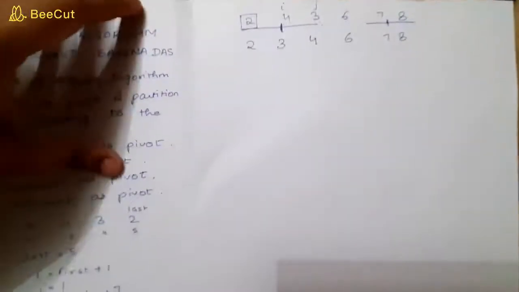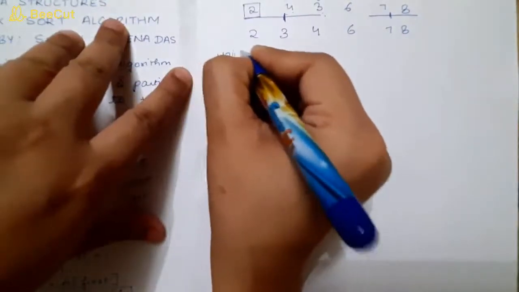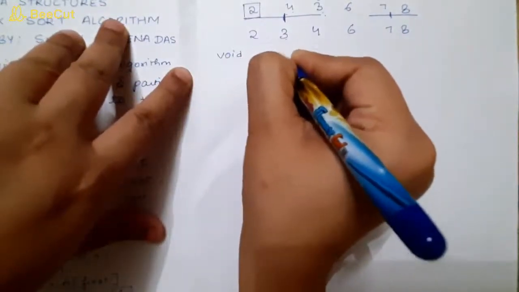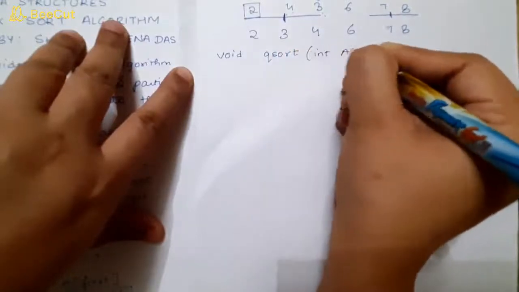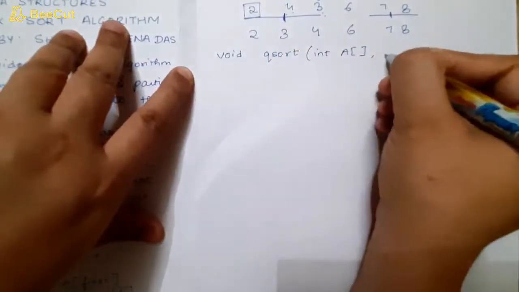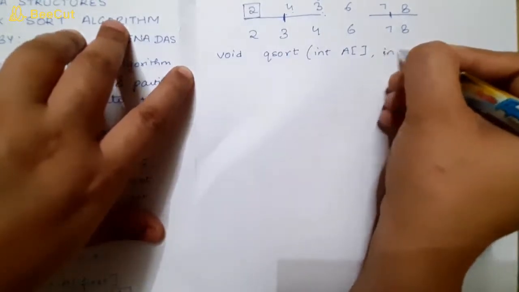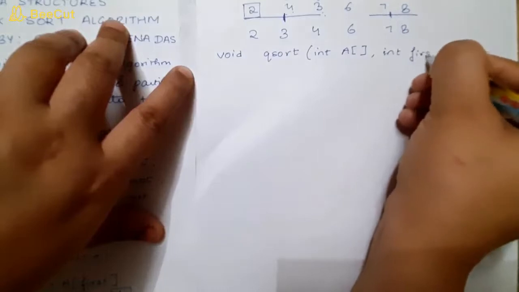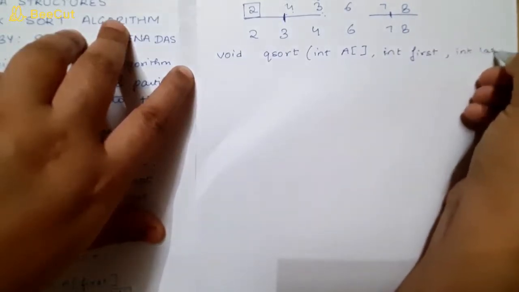Now I'll write the algorithm, or the code I'm writing for quick sorting. So here we need 3 arguments. First one will be the array which contains the elements which you need to sort. Then 2 variables we are passing, first and last.